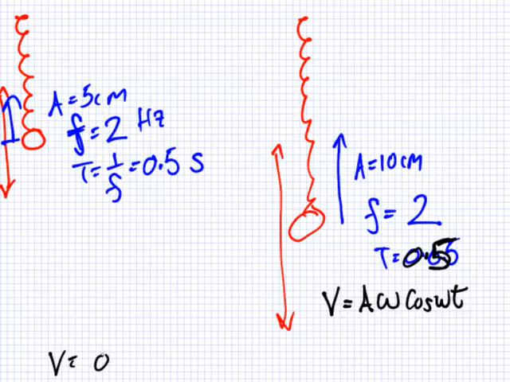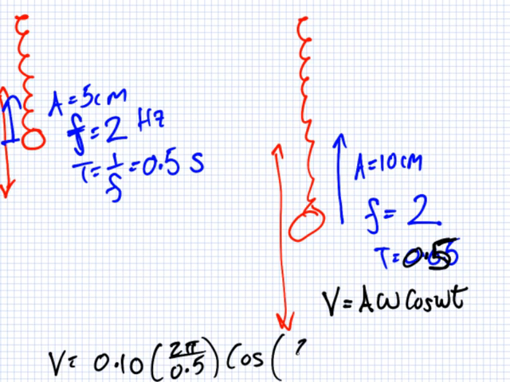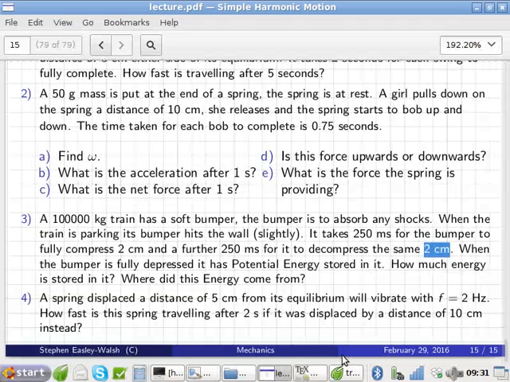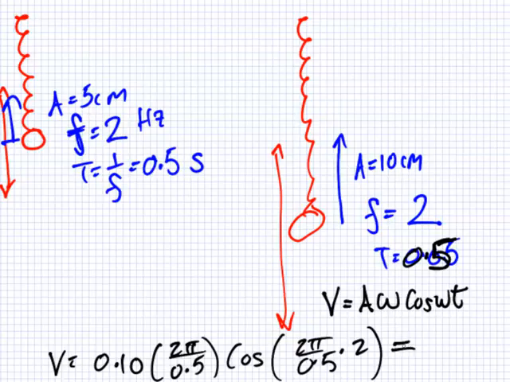So v equals 0.10 times cos of omega t, where omega is 2 pi over T, and t is 2 seconds. So I'll get my speed now. So I got 1.26 meters per second is the speed.